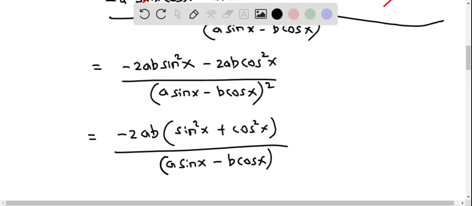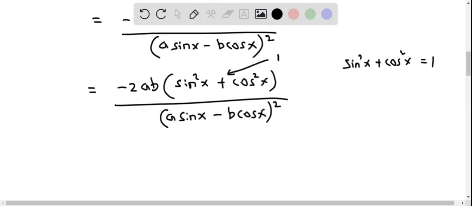This is quantity square. And now we use the Pythagorean identity, that is sine squared x plus cosine squared x equals 1. Or in fact, we can also say this x can be replaced by theta, that is sine squared theta plus cos squared theta equals 1. So basically this expression, sine squared x plus cos squared x, reduces to 1.